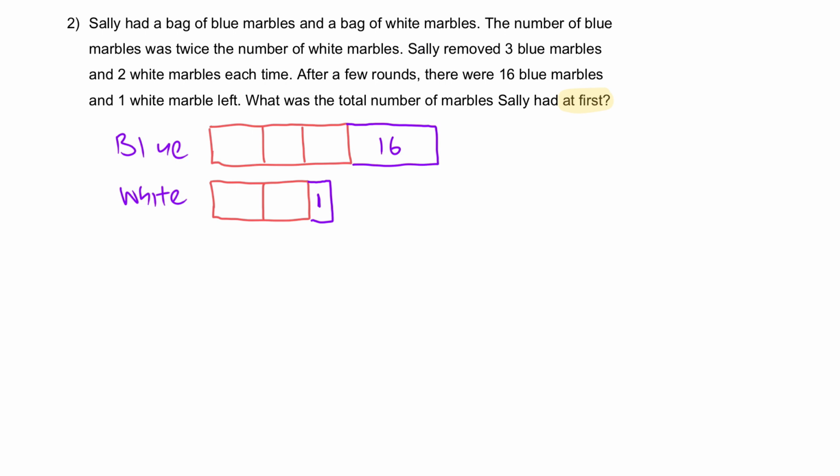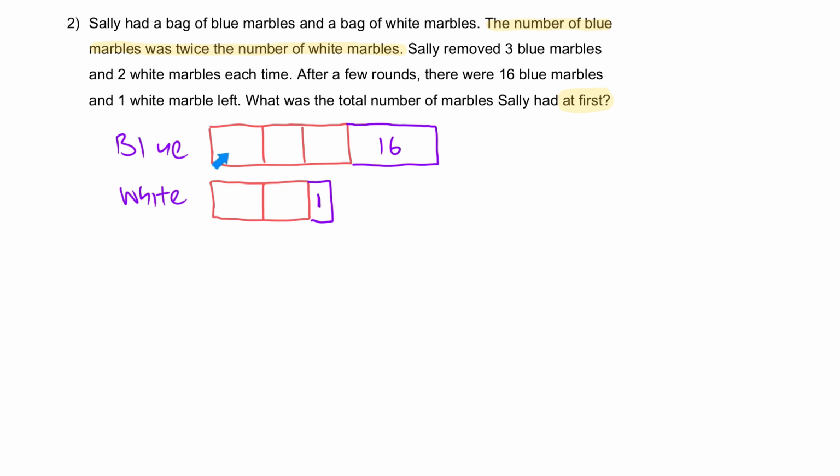Again, not drawn to scale. So this is the model at first. What other information have we not talked about? The very first information, the very first line here. The number of blue marbles was twice the number of white marbles at first.